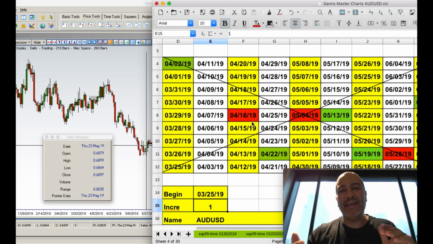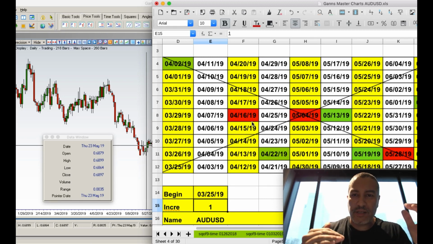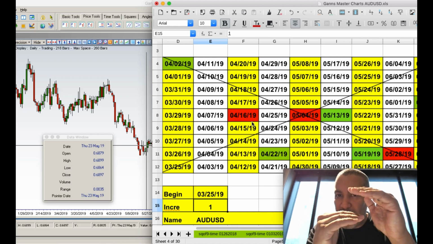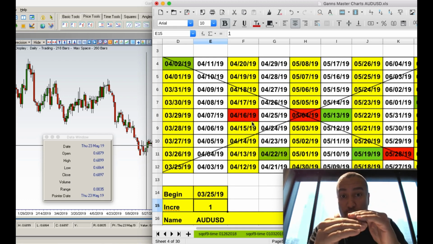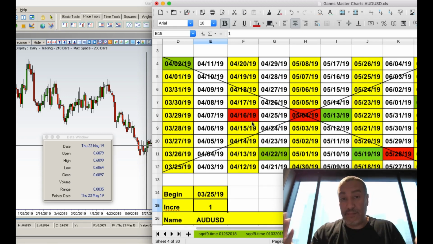But the key is to get it to vibrate, to dance, to groove, to get the swing points maybe not exactly, maybe a day later, maybe on the day, or maybe ahead, if that makes any sense.